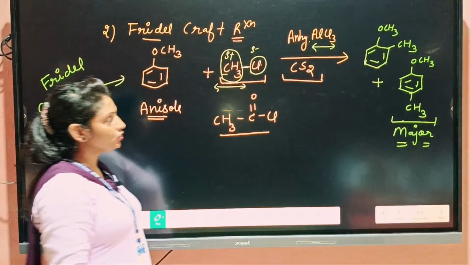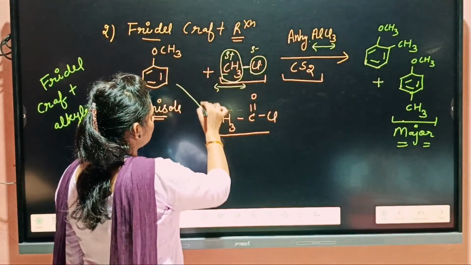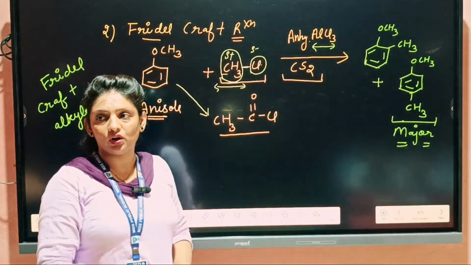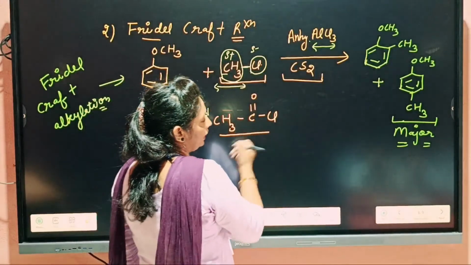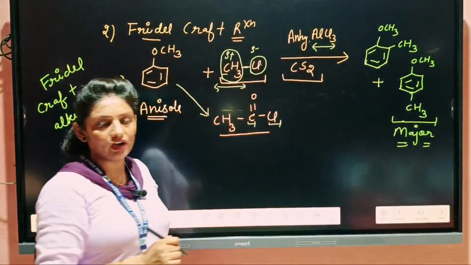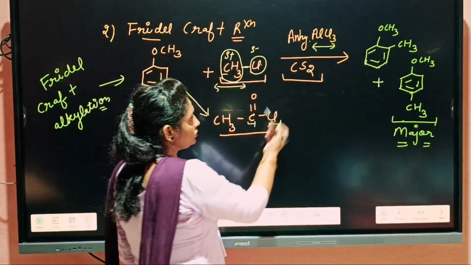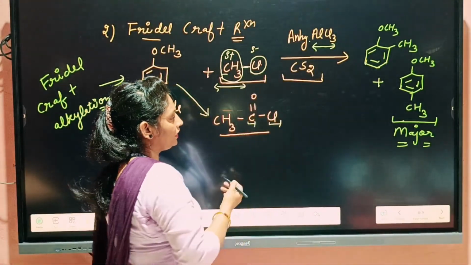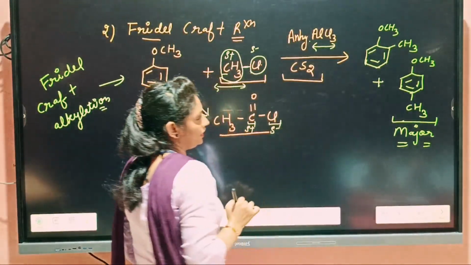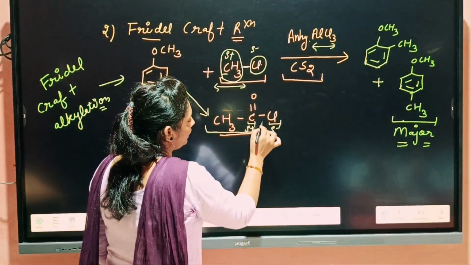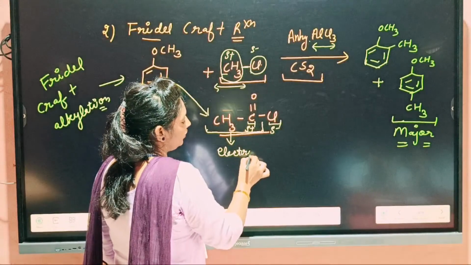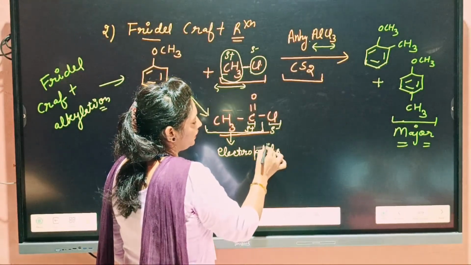In the same way, students, if we do the reaction with acetyl chloride, again we will identify the electrophile here. So what will be the electrophile? Here this chlorine and carbon have an electronegativity difference. In the presence of aluminium chloride, they can break and give this ion plus chloride ion. So this acetyl group will behave like the electrophile.